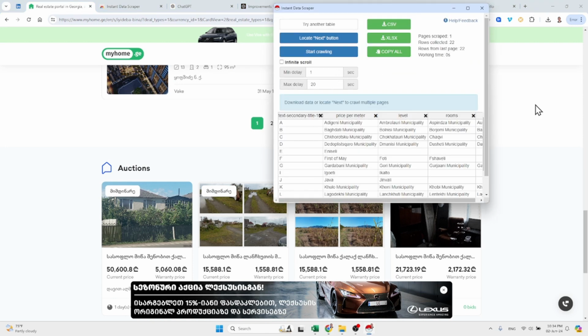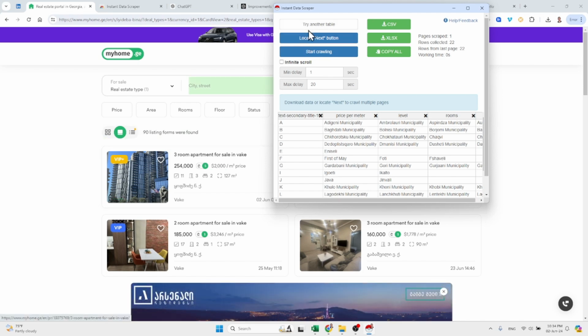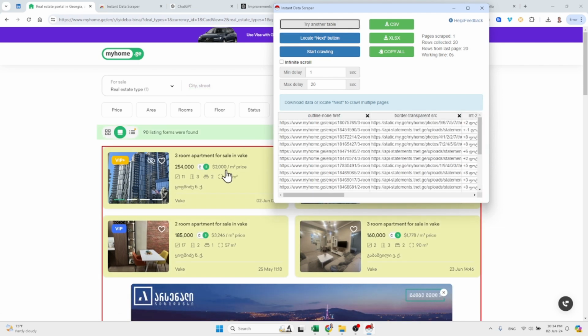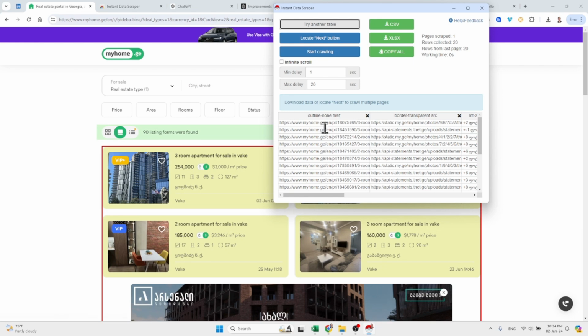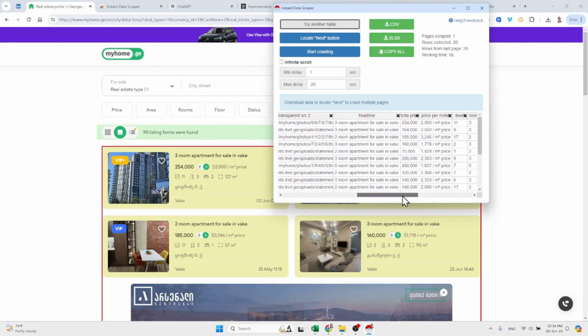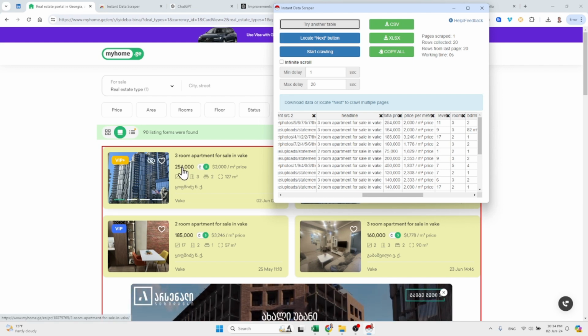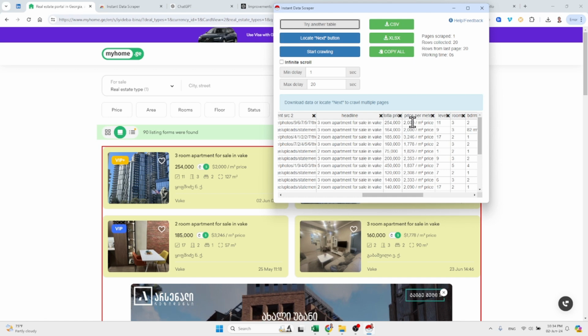Let's say you want to scrape this table. So you want to wait until it highlights the correct table. So try another table. Now it highlighted the correct table. As you can see here, it fetches the data. So these are the links. These are the prices. As you can see, 254. This is the price per meter.